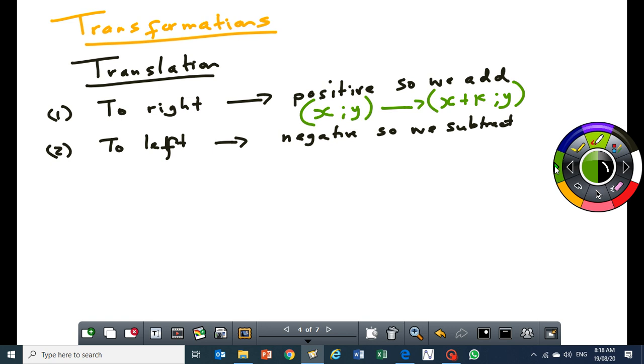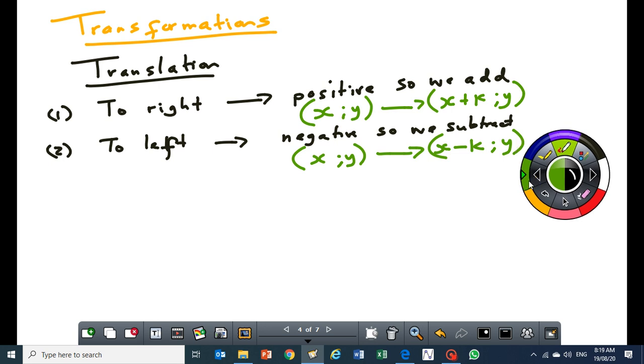Remember, when you're talking about left or right, we are talking about X. Left or right is dealing with X, forget about Y. So the translation rule, it will be X first. When it's translated to the left, the rule is going to be X minus K, but the Y remains at the same position. The y does not change when you are dealing with horizontal translation. We actually call these two horizontal translation.